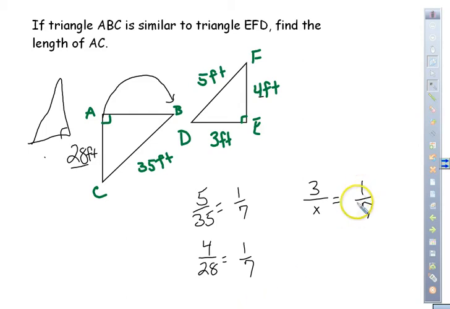There's two different ways you can solve it algebraically, doing cross multiplying, or you can simply say 1 times 3 is 3. So 7 times 3 is going to give me 21. So 3 over 21. So the value of x, this right here, is going to be 21 feet.